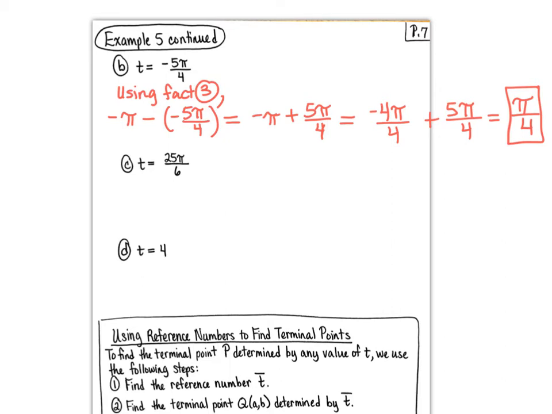What do you think the reference angle is going to be? 5 pi over 3, you said? How are you getting that?